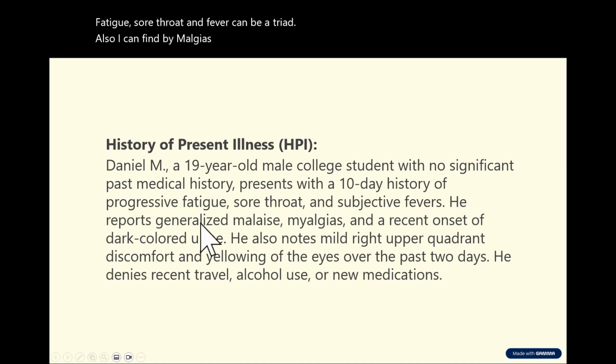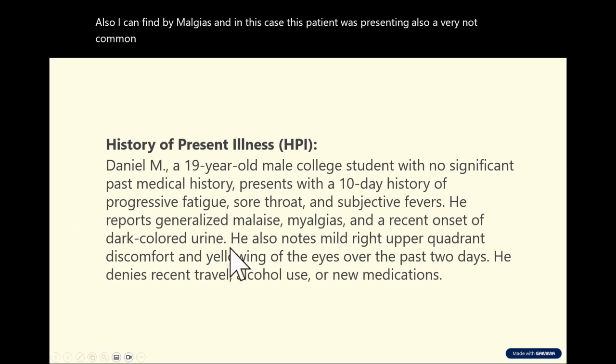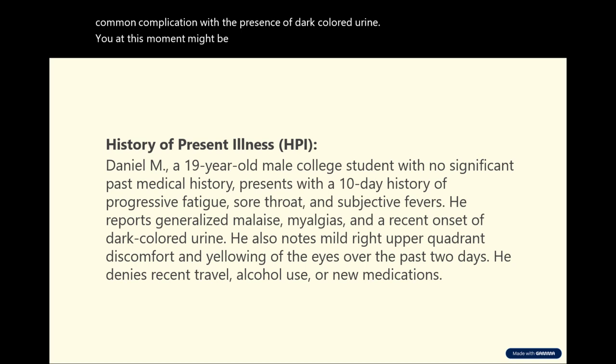In this case, the patient also presented with a not very common complication, the presence of dark color urine. At this moment you might be thinking that those are very good positive pertinents for this case.